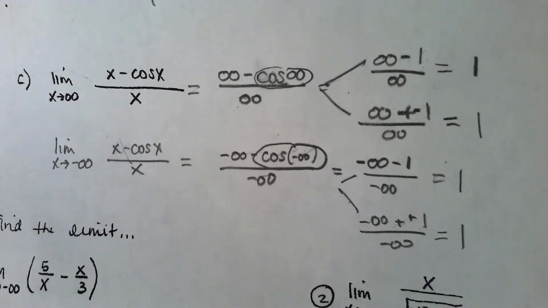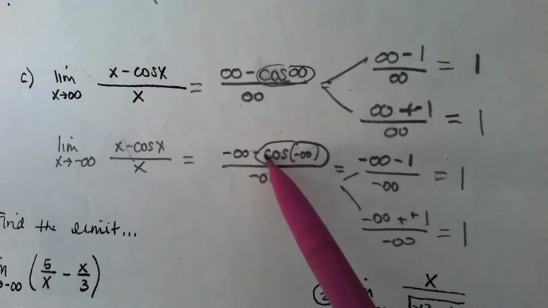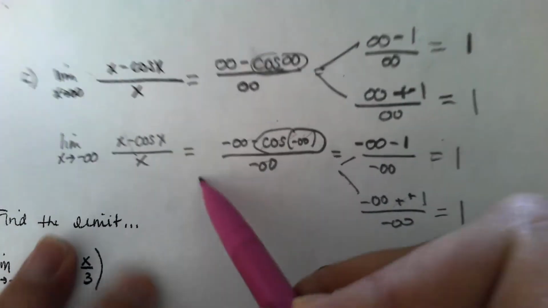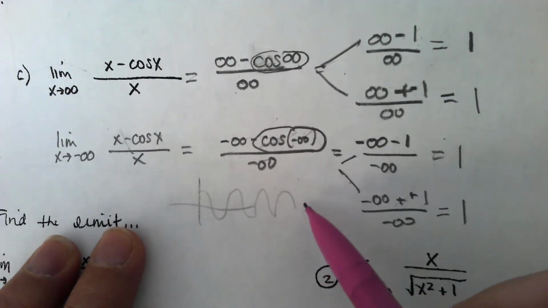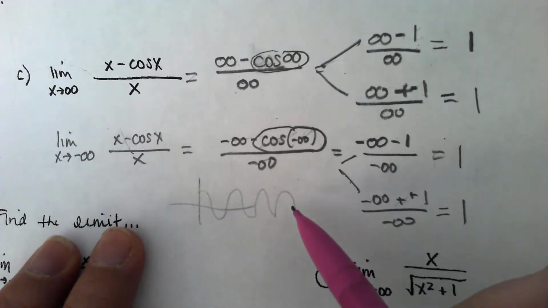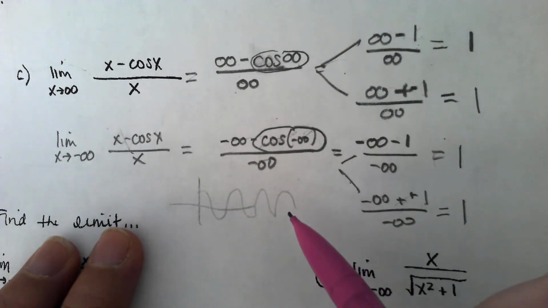Hannah? Is the sine of infinity and the cosine of infinity both one, essentially? No. The sine of infinity itself does not exist. When you go towards infinity with cosine, you're constantly going back and forth between 1 and negative 1 and everything in between. So to ask what is the cosine of infinity alone doesn't make any sense.